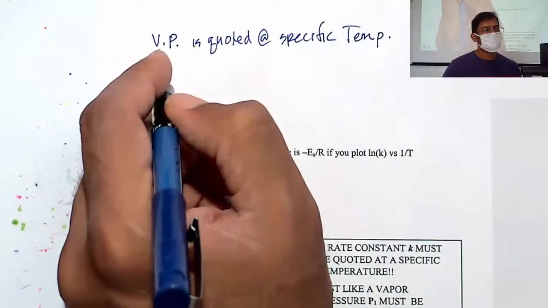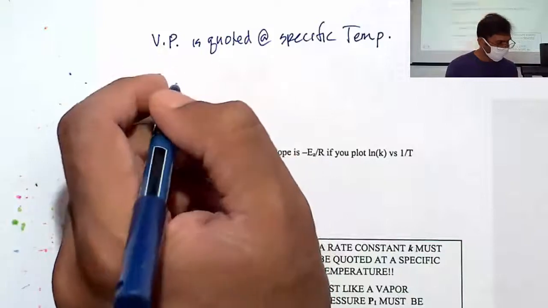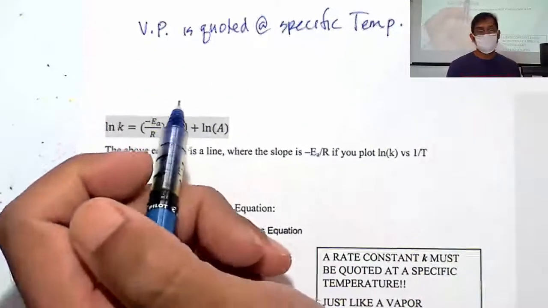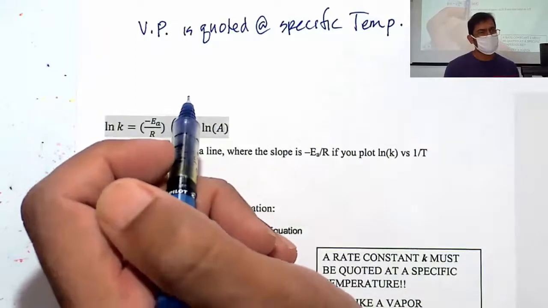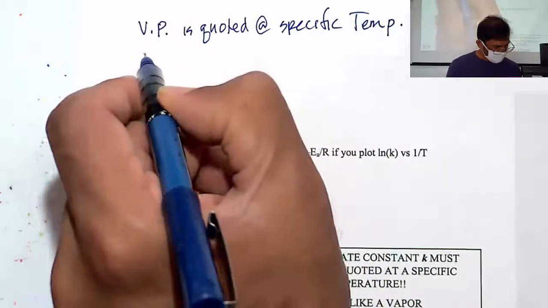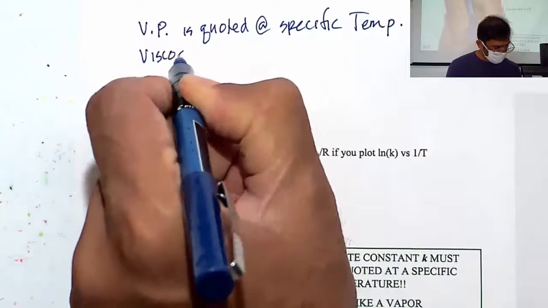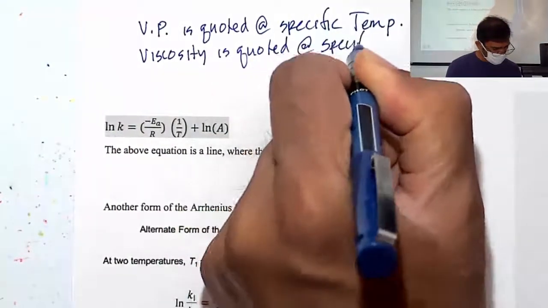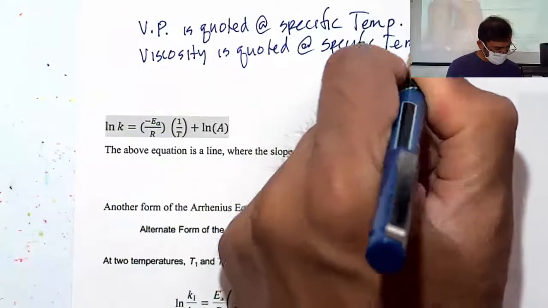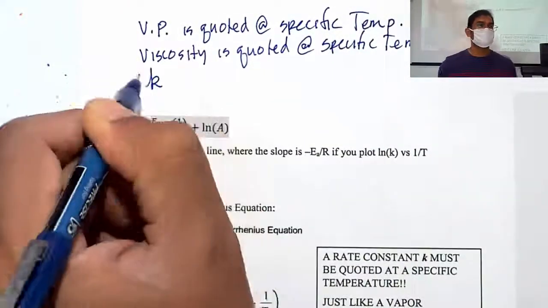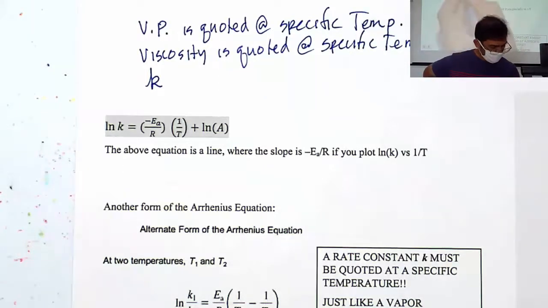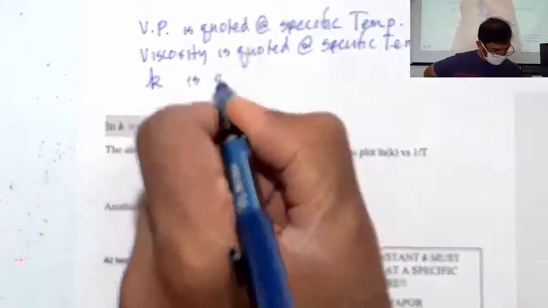I did not really emphasize this, but viscosity, one of the three main properties of liquids, is also quoted at a specific temperature. And finally, the theme of this chapter, rate constant k, is quoted at a specific temperature.